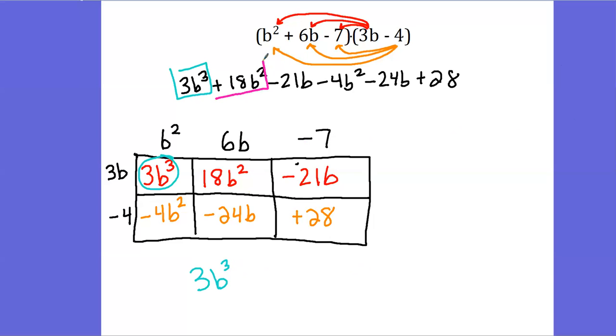I have this positive 18b squared, and I have this negative 4b squared. Once again, include the signs. View this as positive 18, view this as negative 4. So positive 18b squared and negative 4b squared. When you put those together, that's going to give you positive 14b squared.